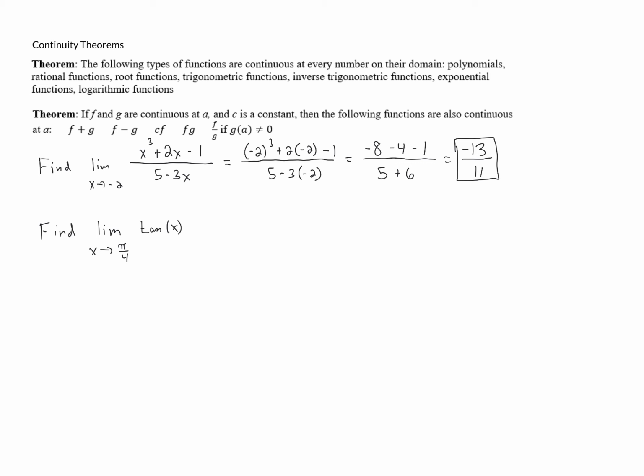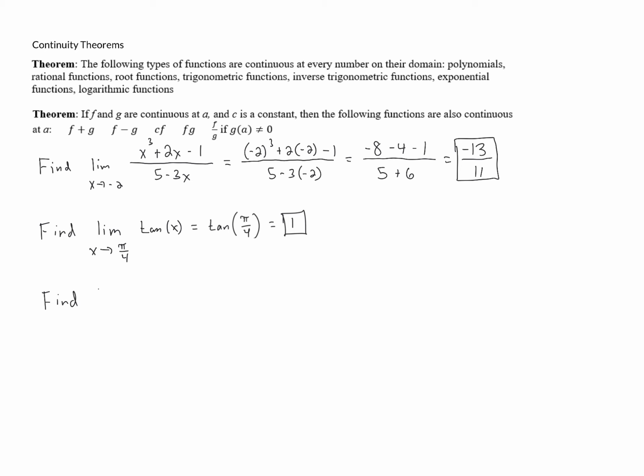And so that tells us, because it's in the domain and it's continuous on the whole domain, we can evaluate the limit by just taking tangent of pi over 4, which is 1. So that limit is equal to 1. Pretty good.